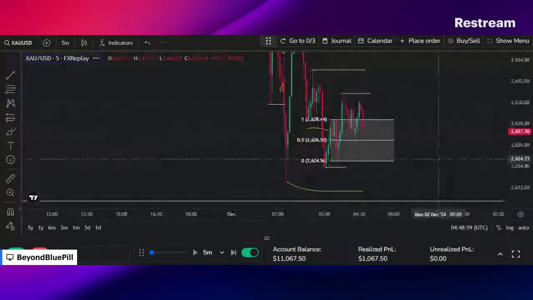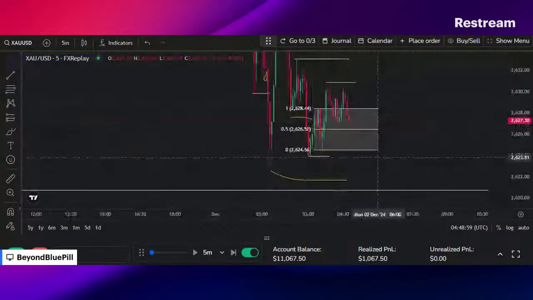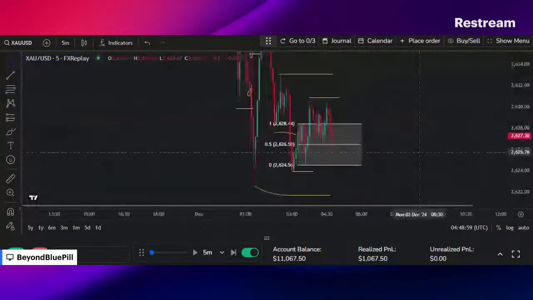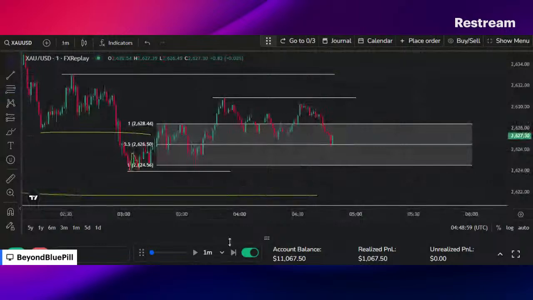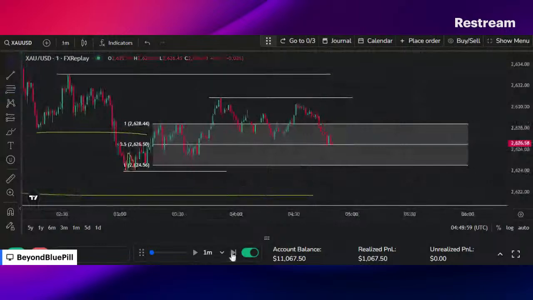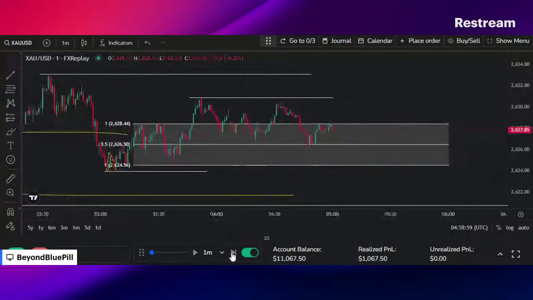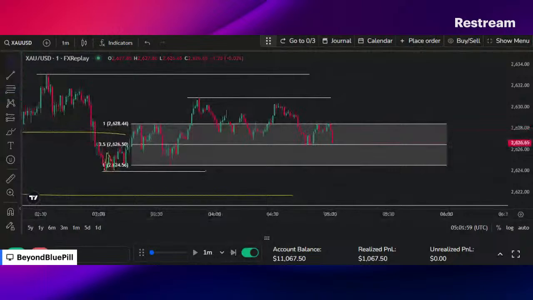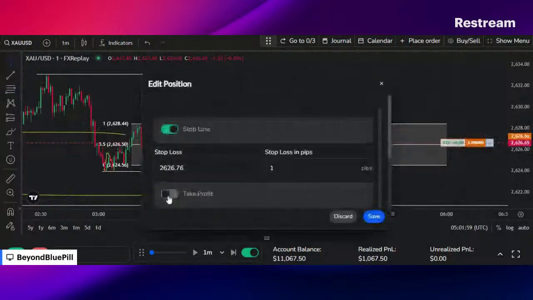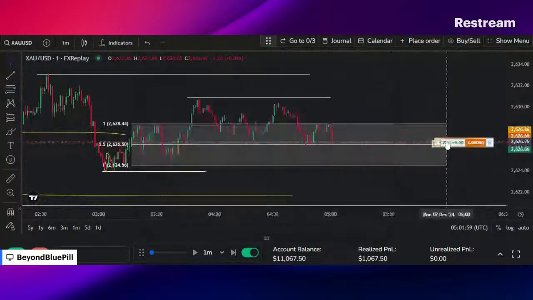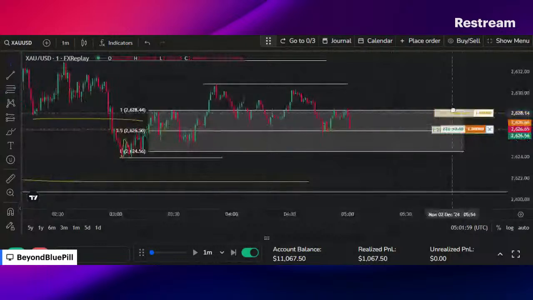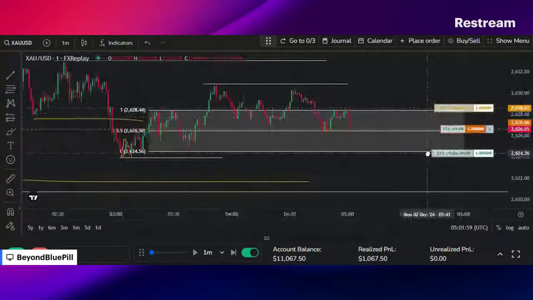Okay. So we're dropping. Let's see. First step, double top, expecting it to go lower.